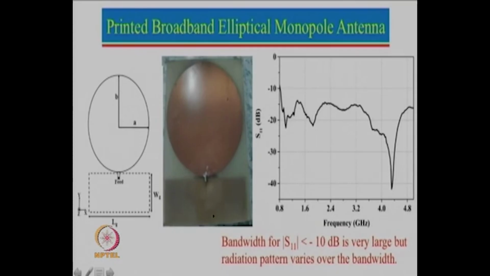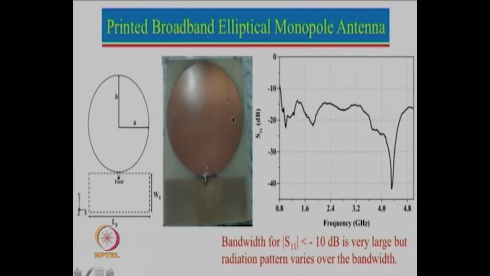Now, based on these, many other variations have been reported. Some people have reported a step configuration instead of this curve shape. Some have used a circular ground plane instead of a square ground plane, or a tapered ground plane. Sometimes the shape is not a full circle; one can take a half semicircle, or maybe a shape like this.